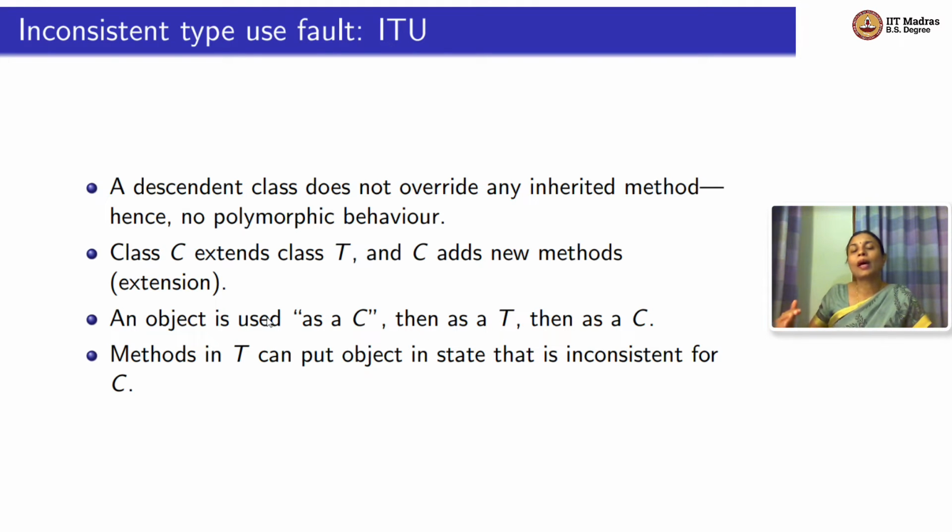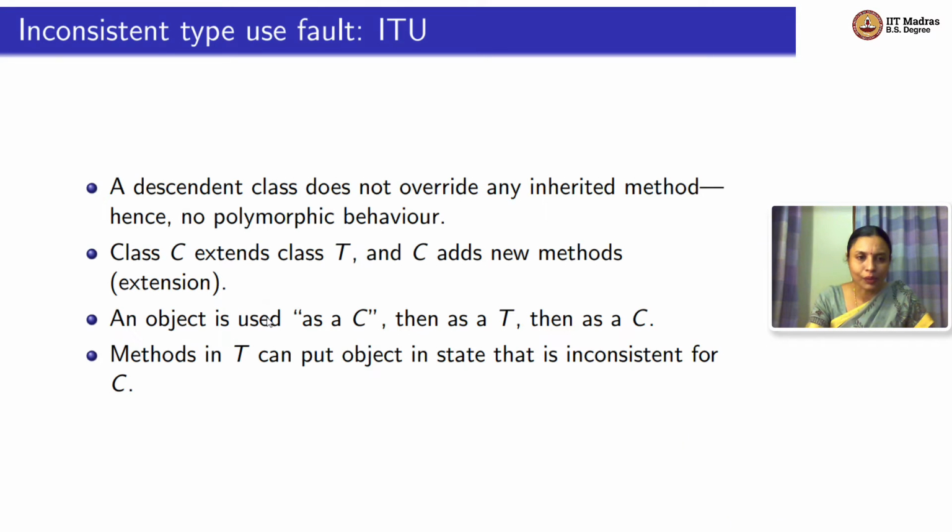And then the methods back in C are going to run again. The problem is the switching of context from C to T back to C. This can cause problems because the methods that belong to T can put the object in a particular state, in a particular condition that will become inconsistent for the methods that will be running the second time the object is used as a C.